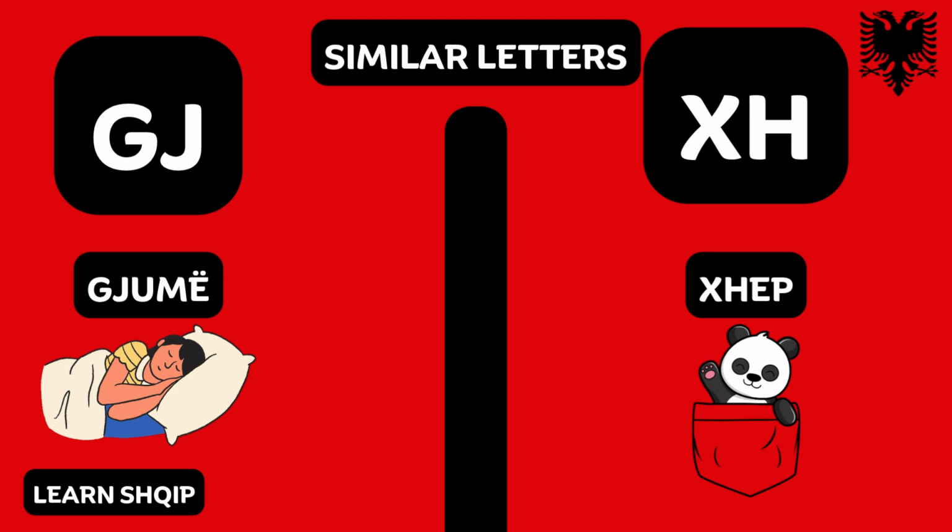And then the X plus H, you are going to pronounce it this way: xh. For example, pocket, xhep. So once again, G plus J, and X plus H.